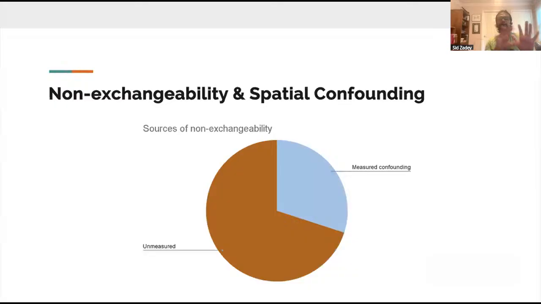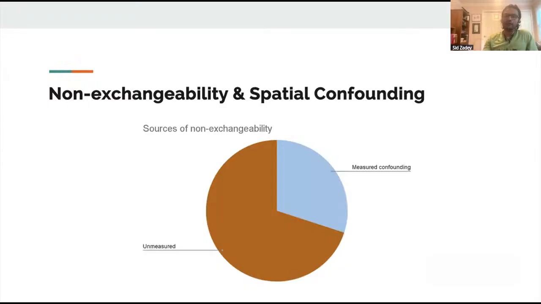In the context of spatial confounding, we can think about sources of non-exchangeability as either unmeasured or measured. Measured confounding is basically all the other covariate data that we collect apart from the treatment and outcomes.